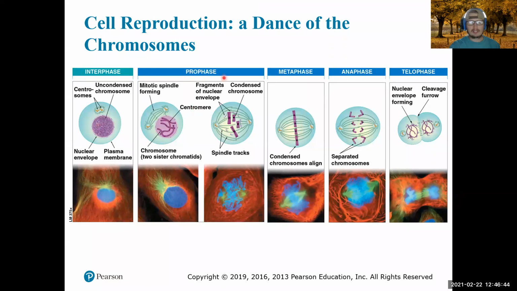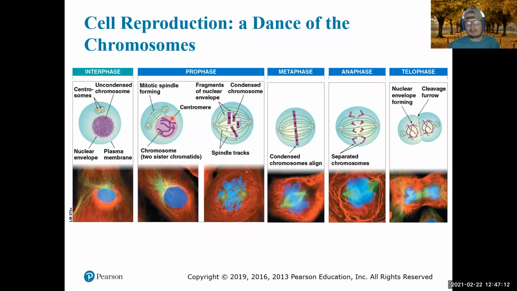All right, so prophase, the first phase in mitosis. In prophase, we have a couple of different things going on. The first important thing is that the nuclear envelope is breaking down, and it's basically going to kind of disintegrate and go away. And this is important because you can't separate your sister chromatids unless that nucleus is out of the way.